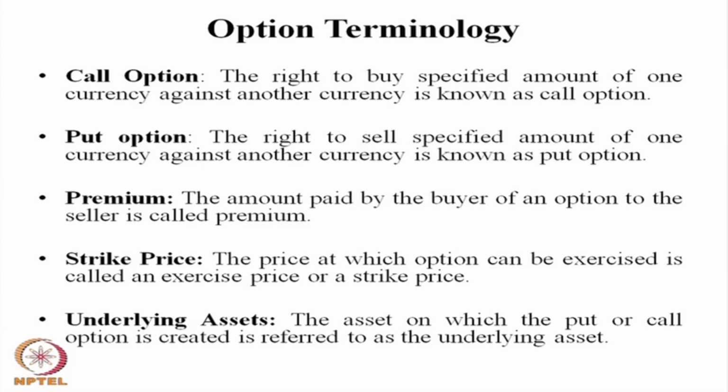Suppose the call options buyer wants to purchase US dollars by surrendering Indian rupees. When he purchases the right of buying US dollars, the right is to purchase US dollars by surrendering a specified amount of Indian rupees. So, the call options buyer buys an option to purchase a currency against another currency.